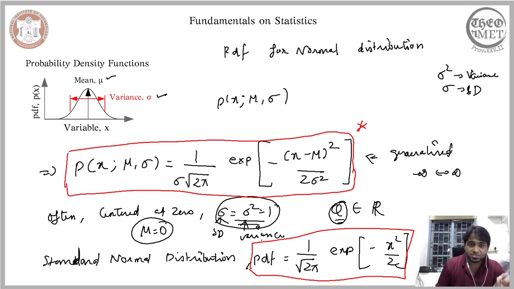Now when we have a specific case, when you consider a distribution that is centered at 0, this is possible when you have a quantity that can assume any value between negative infinity and positive infinity, and it exhibits a normal distribution. In that case, what we end up having is a standard normal distribution.